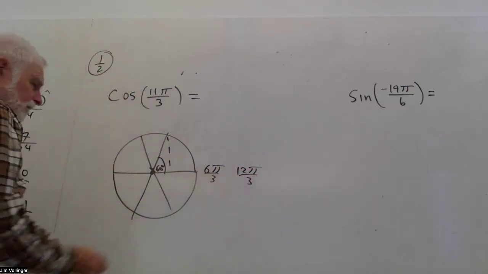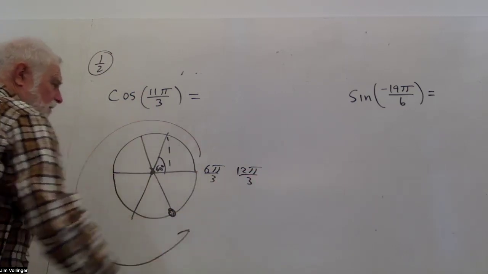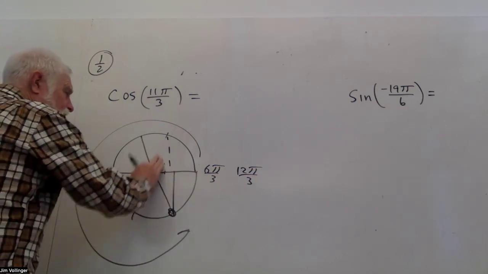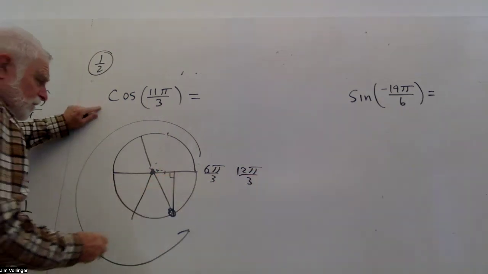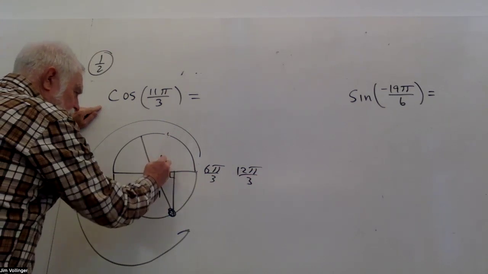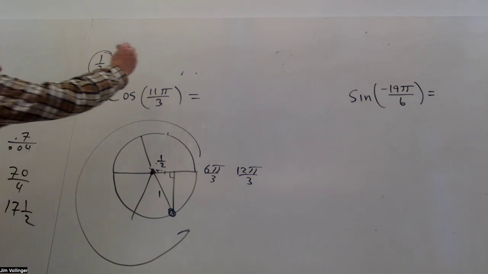And I want to be at 11, which means I'm down here, 1 less, because we go this way, right? And so I'm right here, bring it up to the x-axis, I create a right triangle, and cosine is the width. You know the hypotenuse is 1, that never changes signs. There you go, there's your half. Okay, and there's introduction to the unit circle.